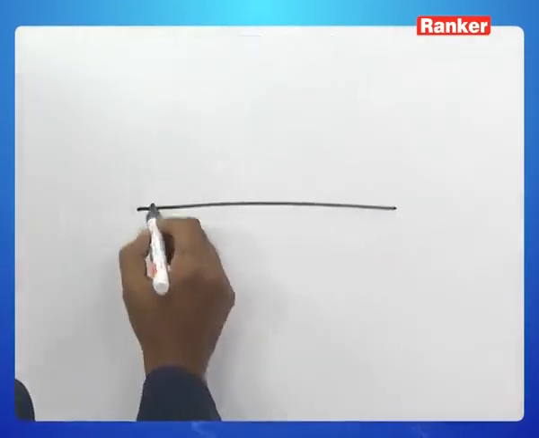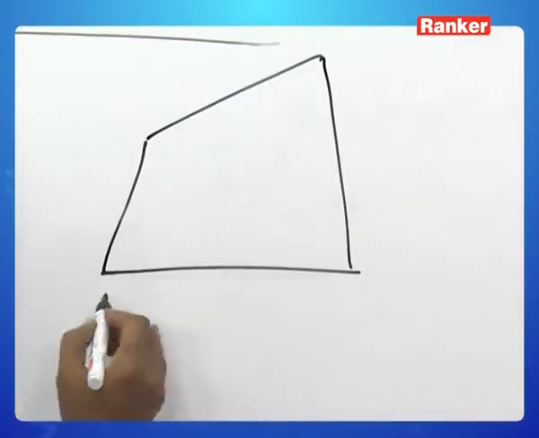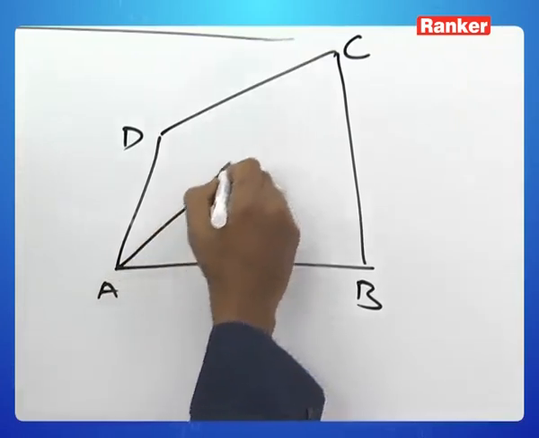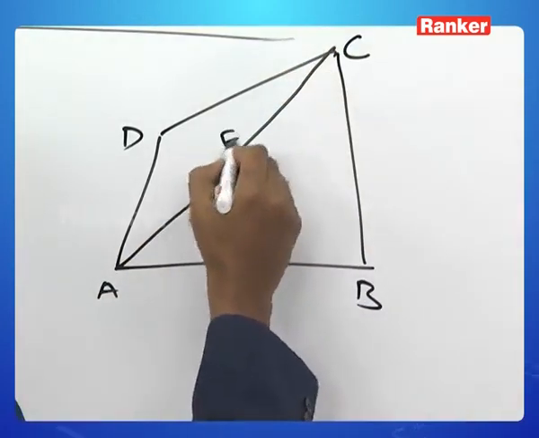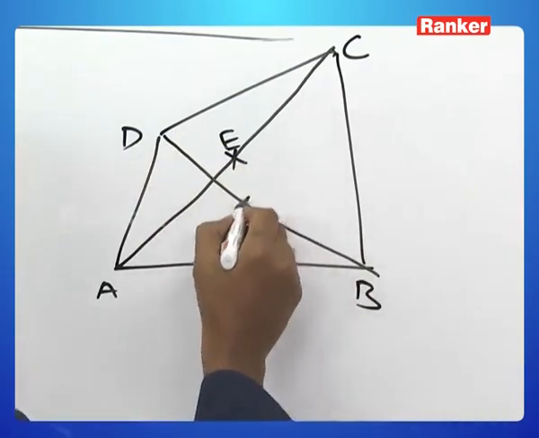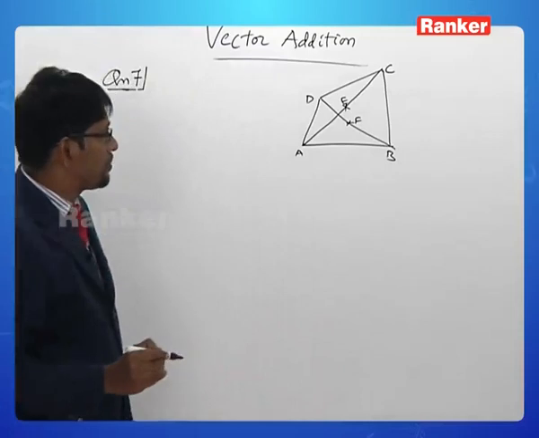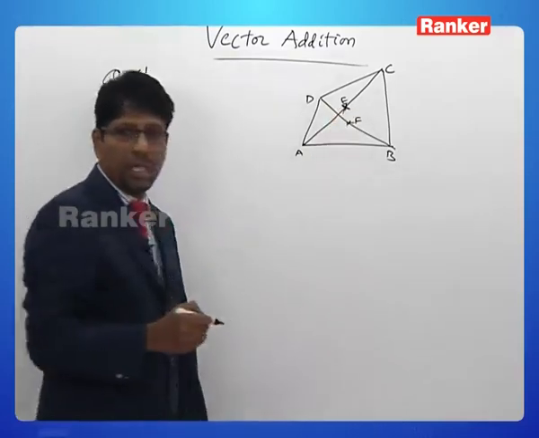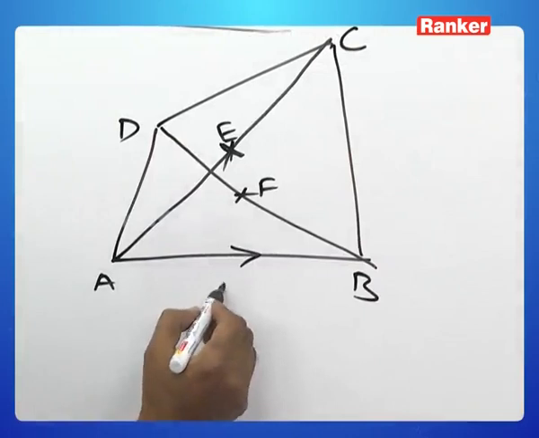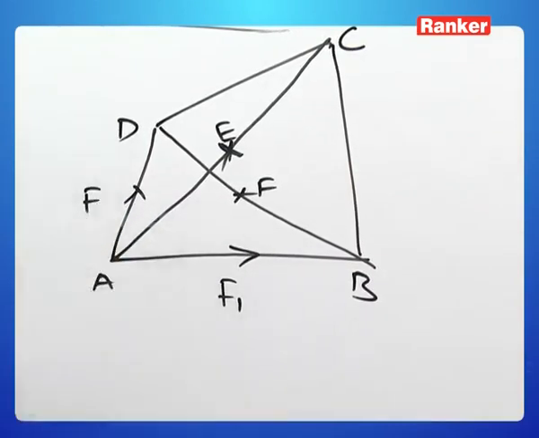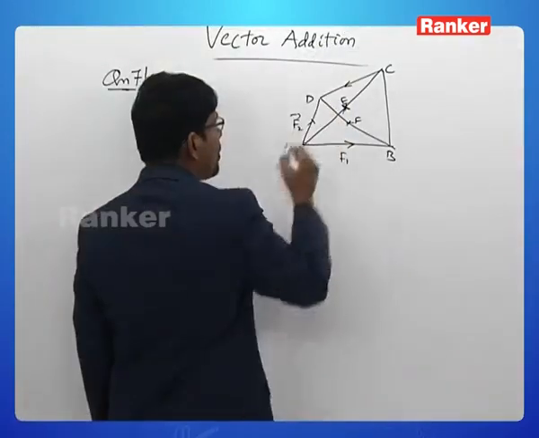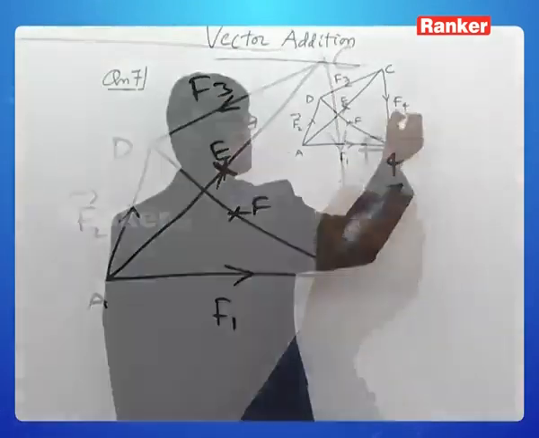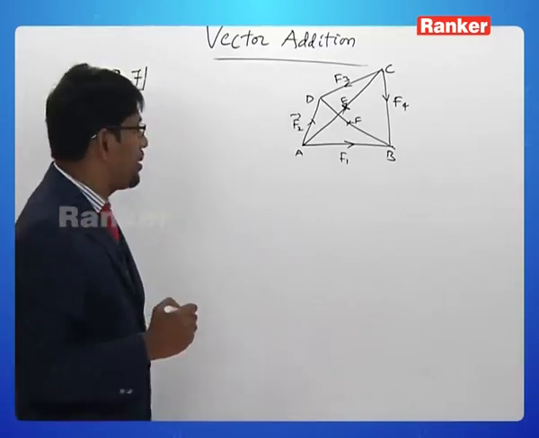You have a quadrilateral ABCD. It says the midpoint of AC is some E and the midpoint of DB is some F. We have two forces, let us say F1 and F2, acting along AB and AD respectively, and two forces F3 and F4 acting along CB and CD here.